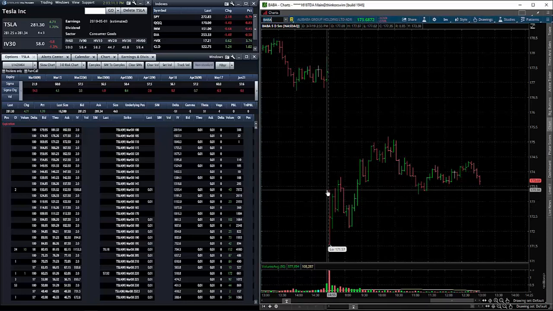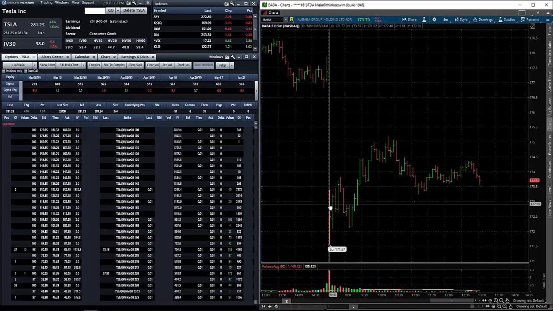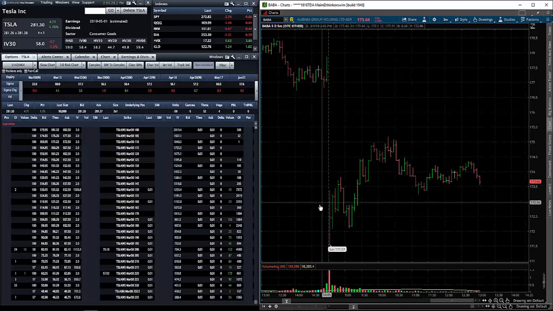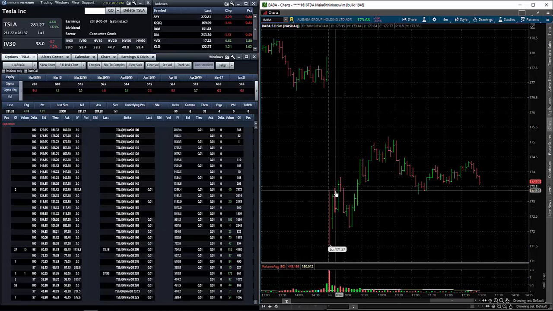The high of this bar is 173.37. So if we tick 173.38, which we did in the third bar, the third 5-minute bar, this is using a 5-minute chart, that is your signal to get long. Once we get that print, that's your signal to get long.